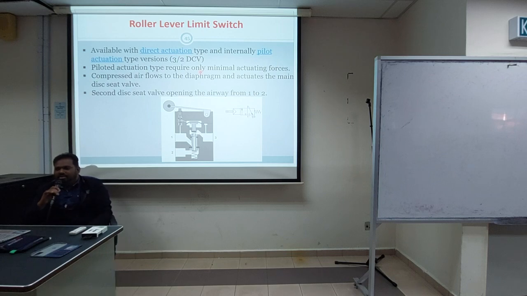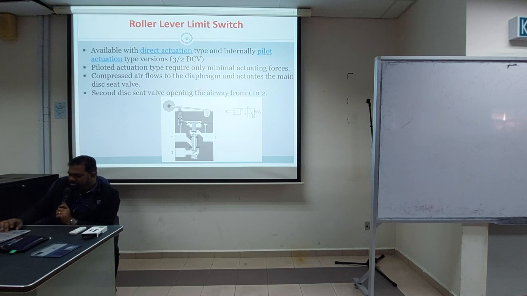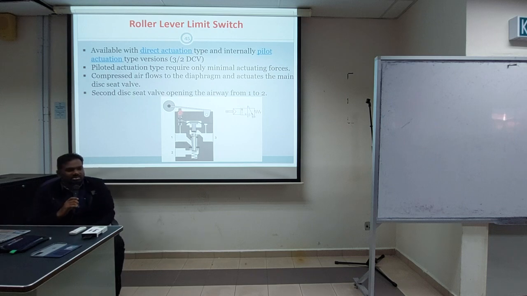Okay, roller lever limit switch. Ini adalah roller lever limit switch. So dia bentuk dia macam ni. Okay, so dekat atas ni ada roller. So what will happen? So it will be attached at the end of the cylinder. So piston extend, dia kena dekat roller ni. Roller ni gerak ke bawah, dia akan on this switch. So this is a mechanical concept lah.